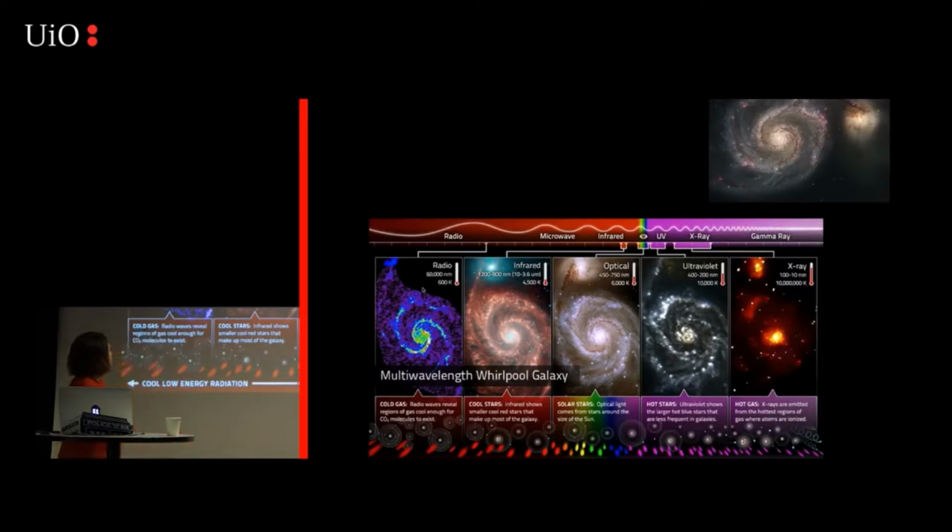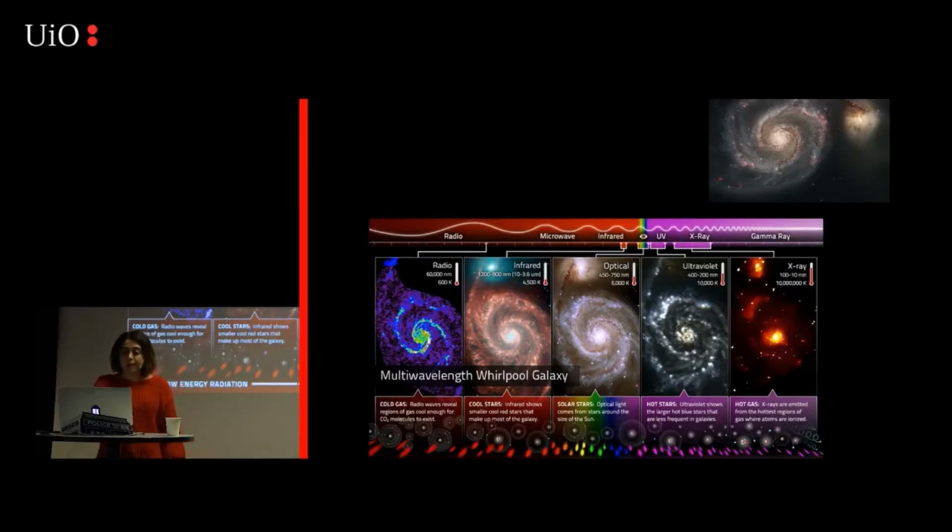When we look at the galaxy at radio, we can observe the distribution of cold gas, which is not visible at optical. When we use infrared observation, we can look at cool stars. Since they are dusty, they are not visible at optical wavelengths. And in optical, we mostly look at stars similar to our Sun.